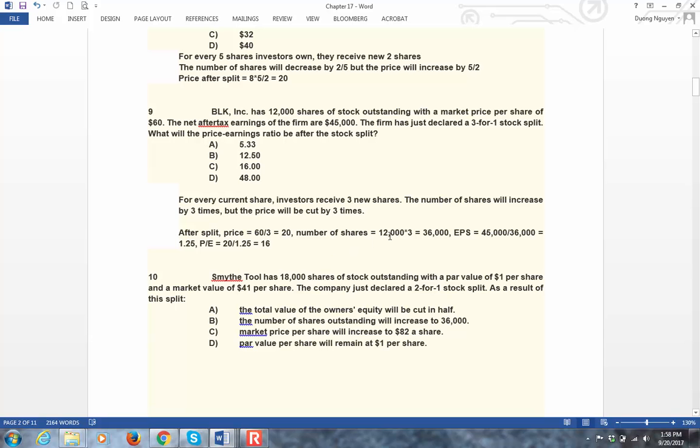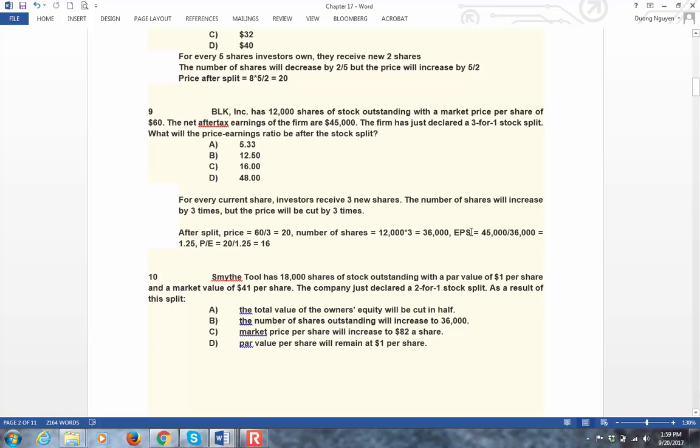Number of shares will increase 3 times to 36,000 shares, and the total earnings is the same, 45,000. So earnings per share now will be 45,000 over 36,000, which is 1.25. Because the new number of shares now is 36,000.